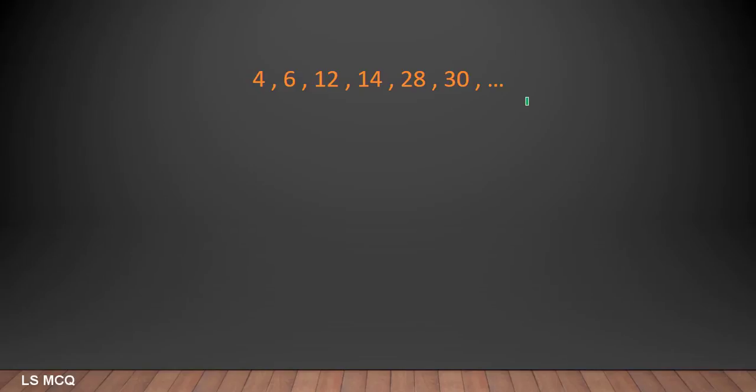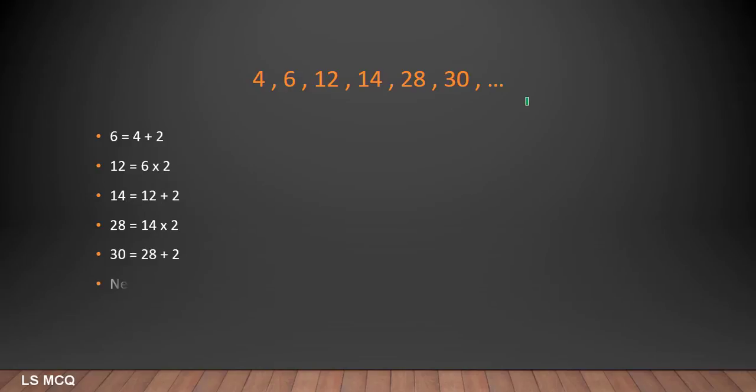It's 4, 6, 12, 14, 28 and 30. Try to find the pattern here. So 6 is obtained by adding 2 to the first term. 12 is obtained by multiplying the second term by 2. 14 is obtained by adding 2 to the previous term. 28 is obtained by multiplying the previous term by 2.